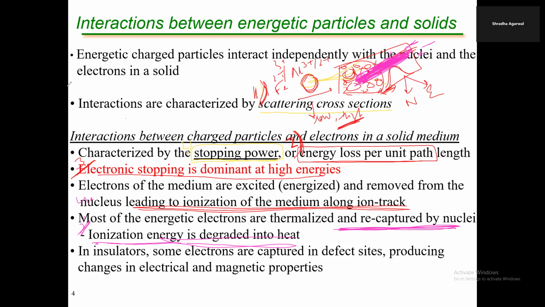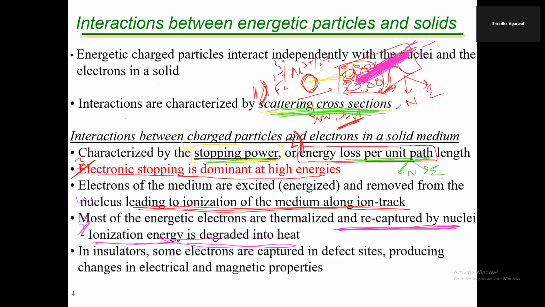Okay, let us quickly do a revision with another color here. I'm talking to you about how the incoming ion interacts with the solid. I introduced a term called scattering cross section, which is the probability of interaction. Then I introduced energy loss per unit length, or stopping power, and there are two types of it, nuclear and electronic.